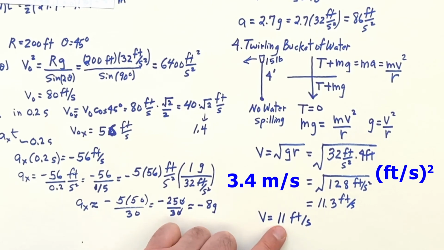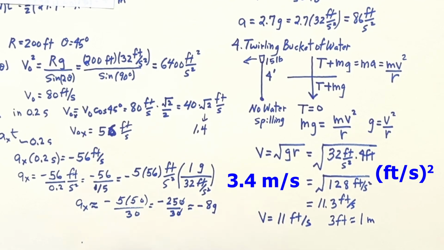As I said, 3 feet is close to a meter, so 12 feet would be like 4 yards, 4 meters per second. That would be the metric equivalent. Okay, that's finished the exam.